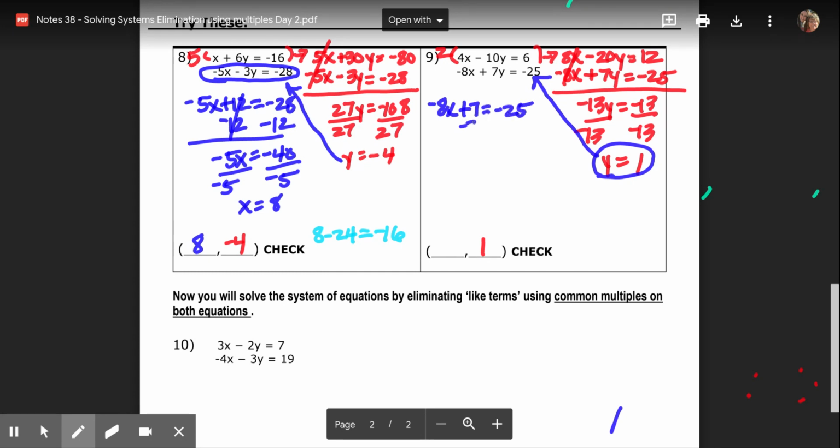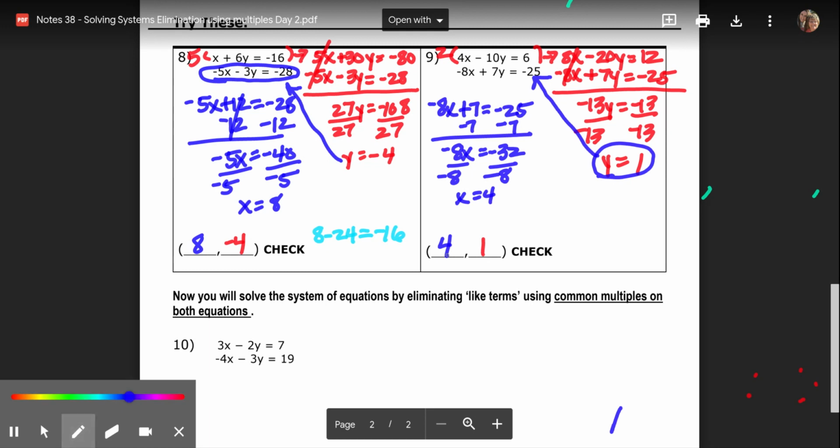Then we're going to subtract 7 from both sides. So we have negative 8x equals negative 32. Divide both sides by negative 8. And x equals 4. So we have the ordered pair of 4, 1.